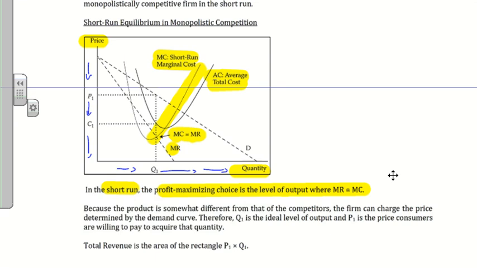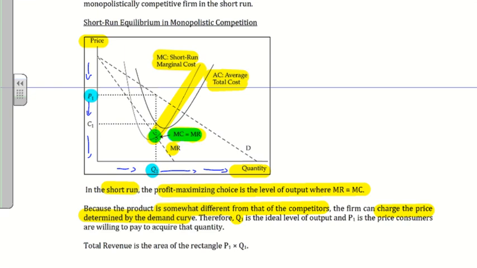Because the product is somewhat different from your competitors, remember product differentiation, you can charge a bit of a higher price as determined by the demand curve. In our example, Q1 is the point where marginal cost equals marginal revenue. That's the quantity level, and at Q1 on the demand curve, that will then be price 1.